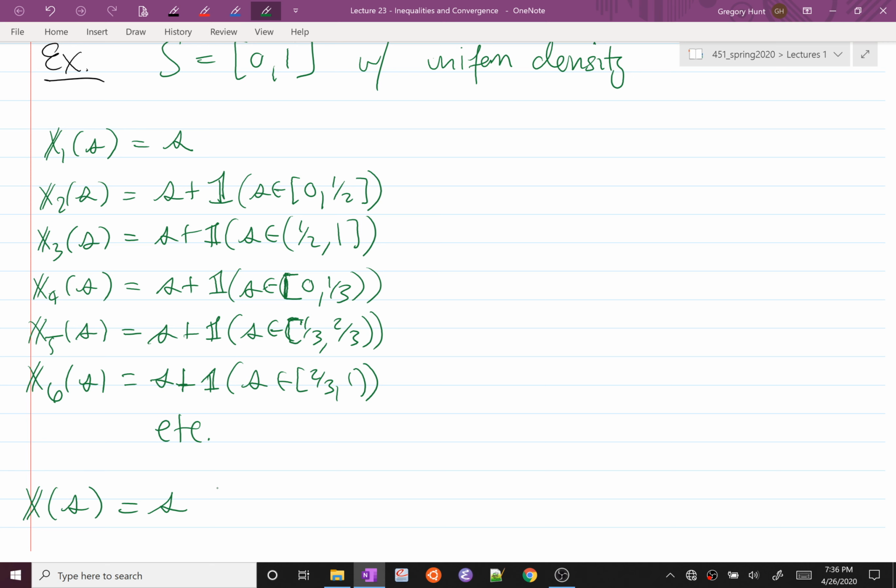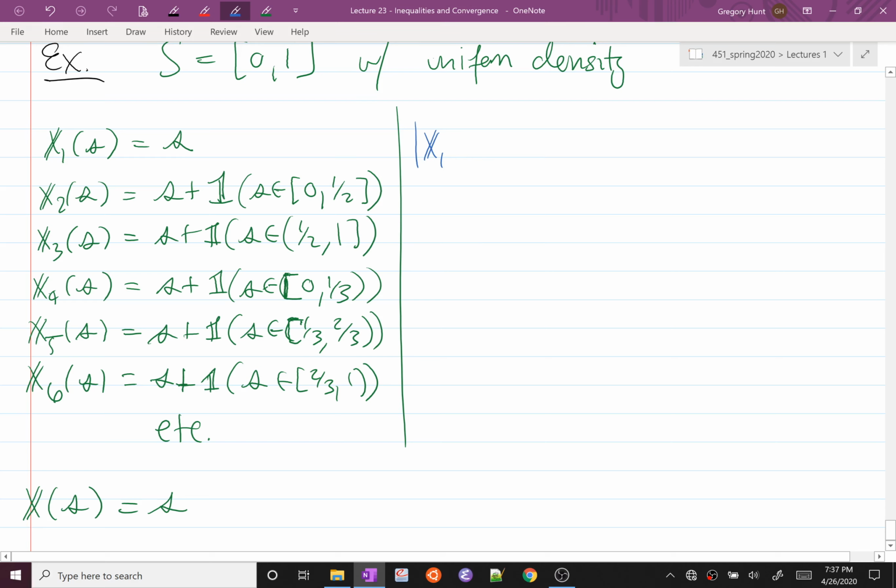So if I want to see if my x of n's converge either in probability or almost surely, let's say in probability, what I need to do is calculate the absolute value of x of 1 minus x.